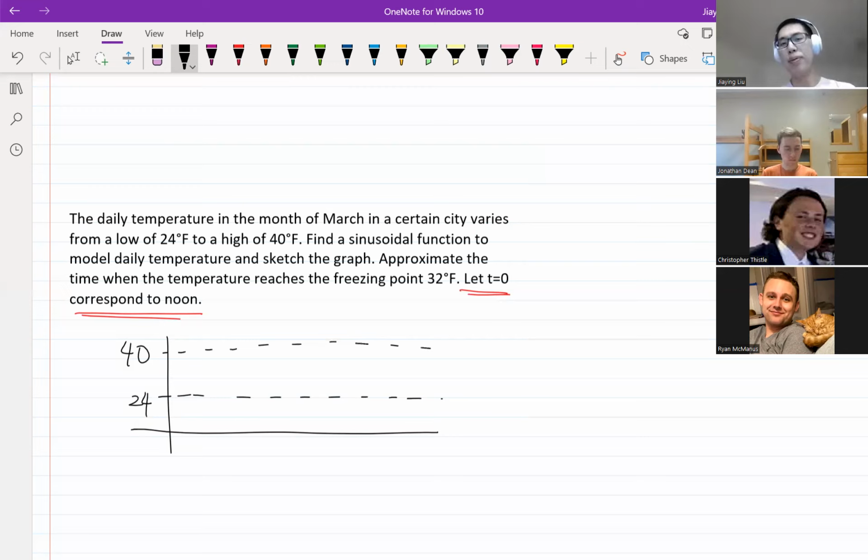I mean, not accurate, but what we commonly know is that in the middle of the night it is cold. During the day, around noontime or maybe early afternoon, it's going to be really hot, right?